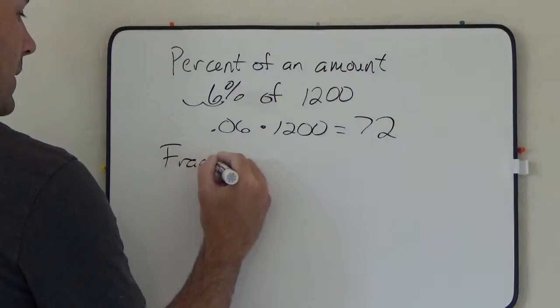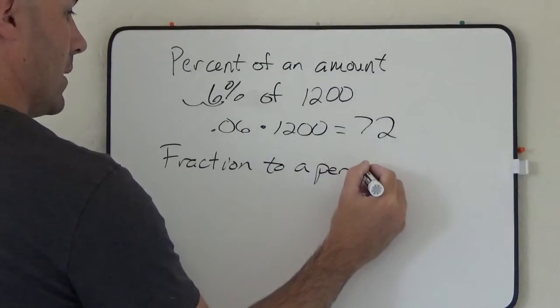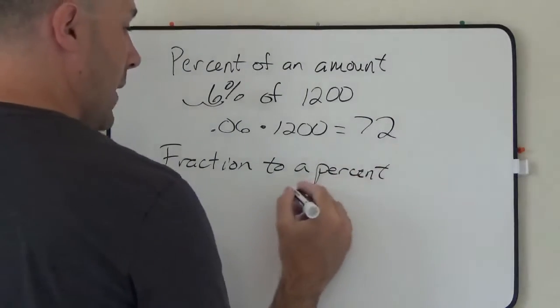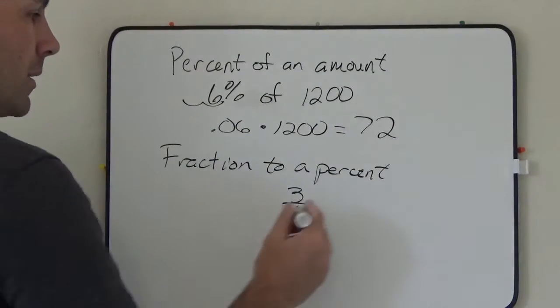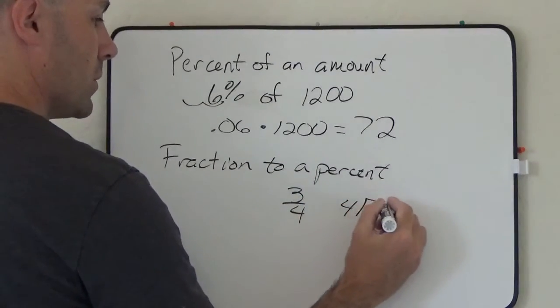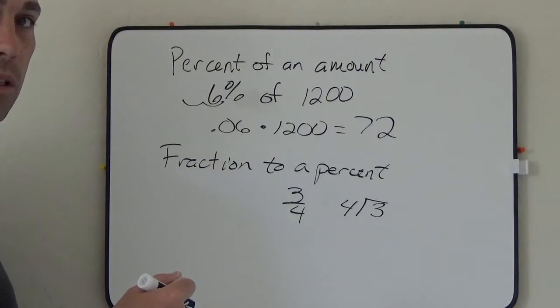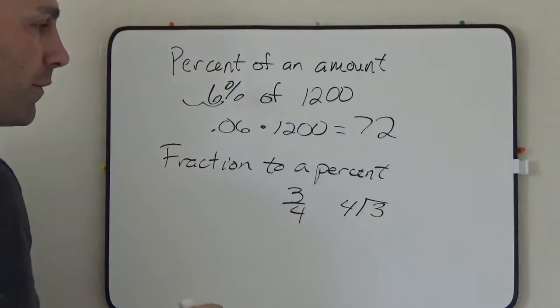Fraction to a percent. When we change a fraction to a percent, let's say we have 3/4. What we do is we divide the top number by the bottom number. So the top number goes in the box, right? If you're doing division in your calculator, you're going to hit the 3 first, hit the divide button, and then hit 4.